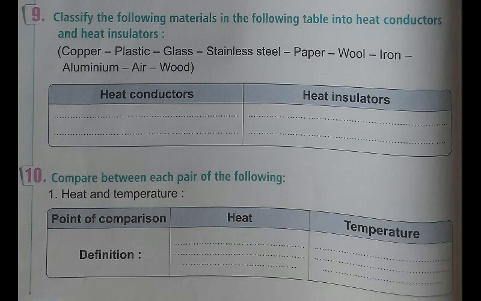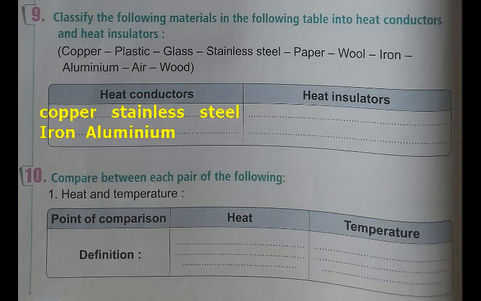Question number 9. Classify the following materials in the following table into heat conductors and heat insulators. Under heat conductors, we will choose the materials that conduct heat: copper, stainless steel, aluminium, iron.